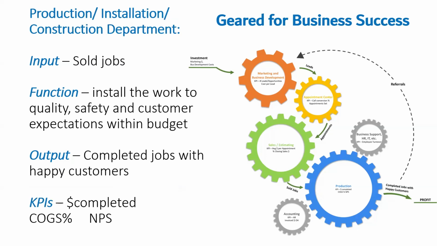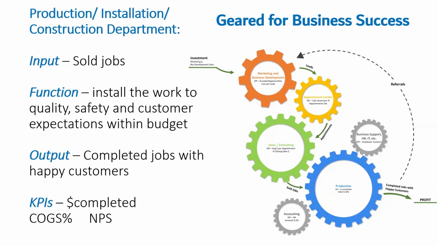And then we have the production or installation or construction or ops, whatever you call it in your business. But this is where the rubber meets the road. This is the guys that do the work. This is the work that we do in homes. So they take the input of sold jobs, and their function is to install the work to the quality, safety, and customer expectations and within budget.